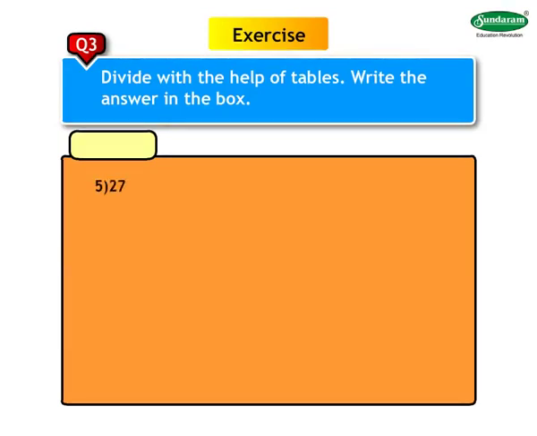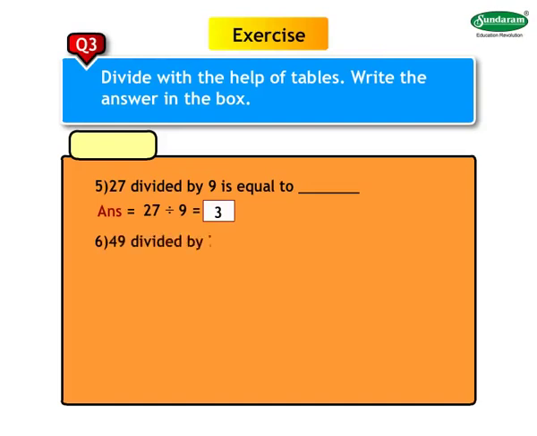5. 27 divided by 9 is equal to dash. 9 multiplied by 3 is equal to 27. Hence, 27 divided by 9 is equal to 3. 6. 49 divided by 7 is equal to dash. 7 multiplied by 7 is equal to 49.